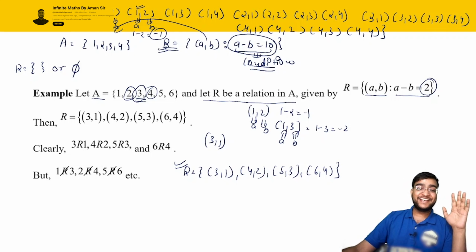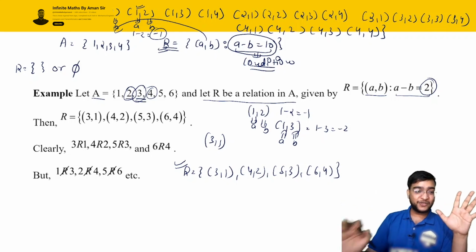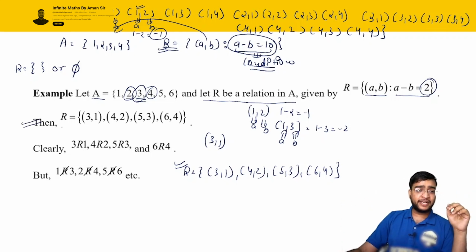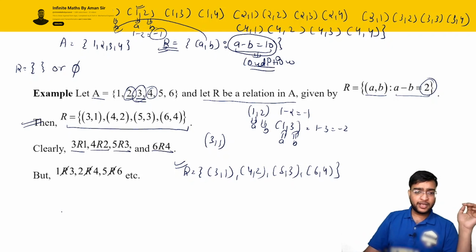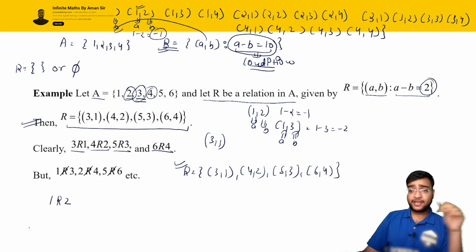Okay sir, that is somewhat a good thing. So clearly we can say this is the relation set here. I can say 3 is related to 1 according to my condition, 4 is related to 2 according to my condition, 5 is related to 3, 6 is related to 4. Is 1 related to 2 with the condition?